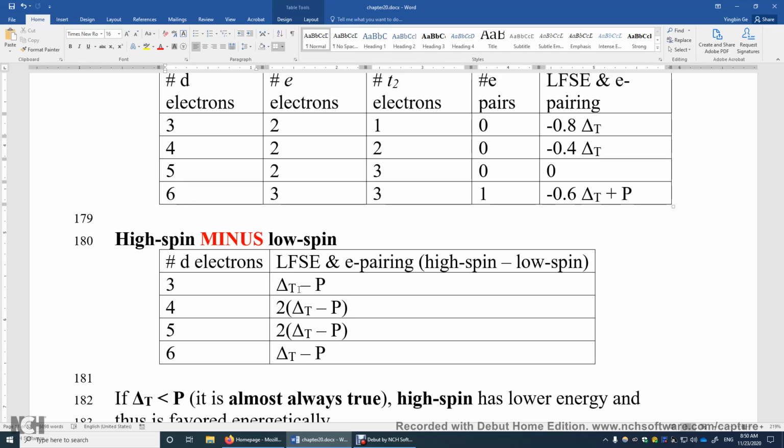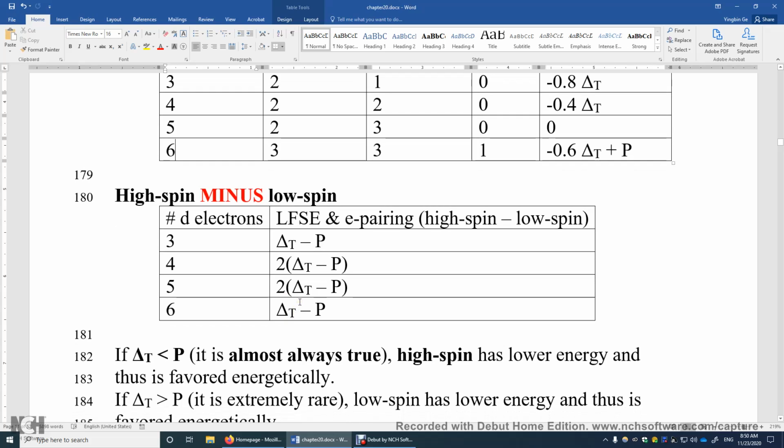The only difference here is you replace delta O with delta T. But we learned that delta T is much smaller than delta O. Delta T is roughly 44% of delta O. It's even less than one half of delta O.